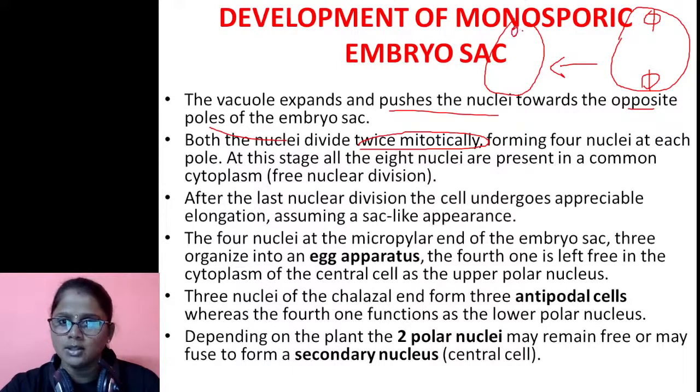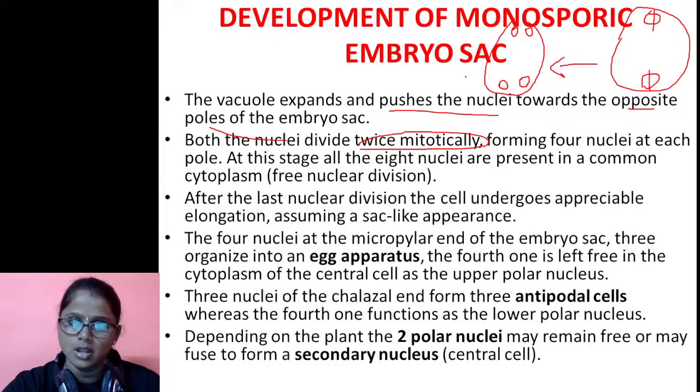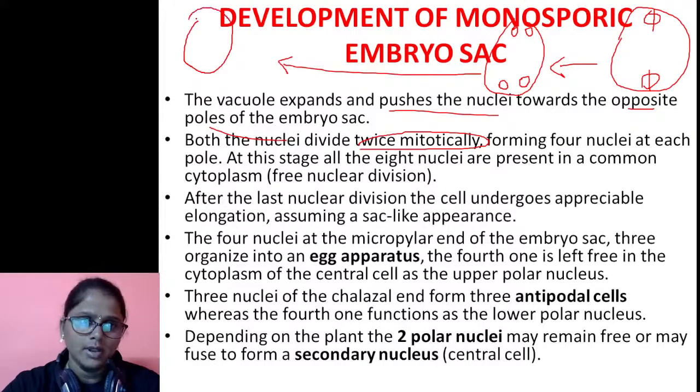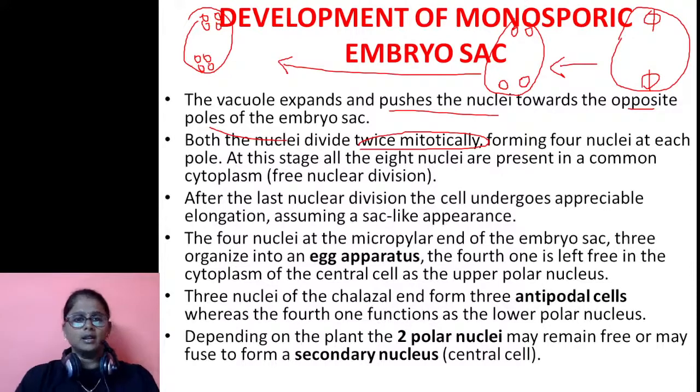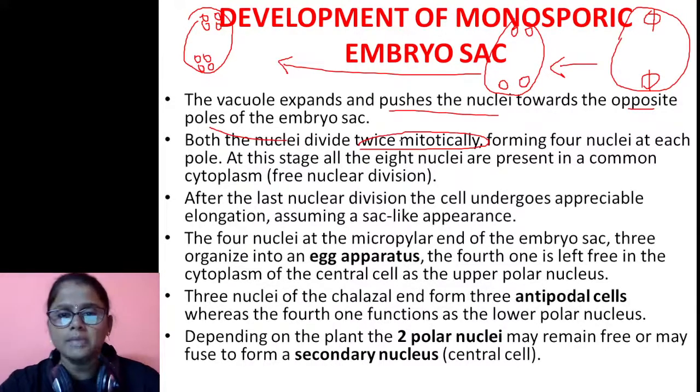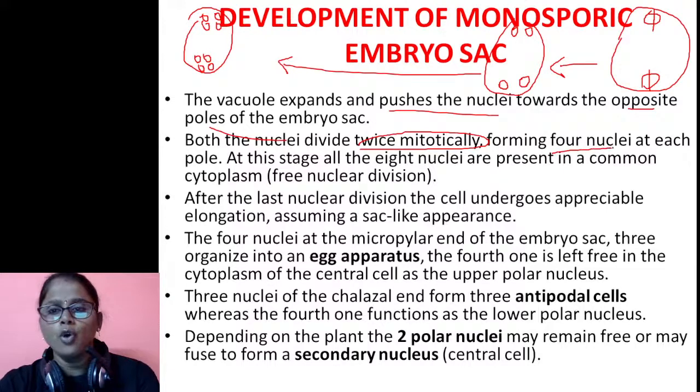So one cell வந்து இங்க 2 மாறும், அதே மாதிரி இங்க வந்து one cell வந்து 2 மாறும். இது வந்து second mitotic division. அதுக்கப்புறம் மறுபடியும் ஒரு third mitotic division போகும்போது they will be forming 4 cells at the chalazal region and 4 cells at the micropylar region. மொத்தம் 8 நியூக்ளியை இப்போ ஃபார்ம் ஆகி ரெடியா இருக்கு. ஓகே, so as twice mitotically they are forming 4 nuclei at each pole. Totally we are having 8 nuclei now.